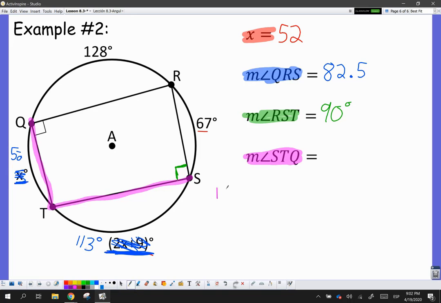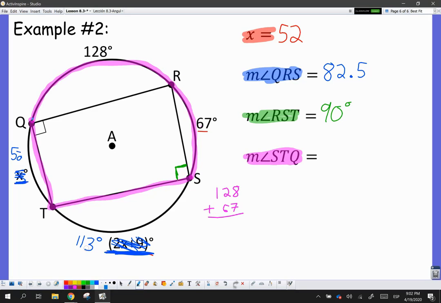So let's do that. So 128 is my first arc up here, plus 67. And remember, I'm adding these because if I'm looking for the measure of the inscribed angle, my arc is starting at point Q and going past point R, and it finishes at point S.